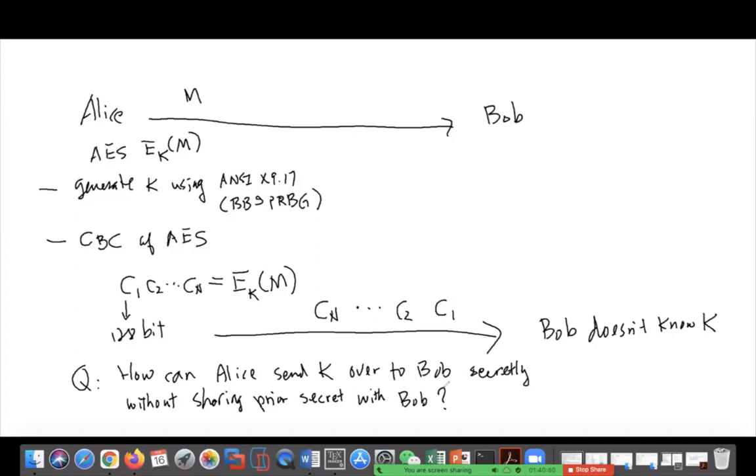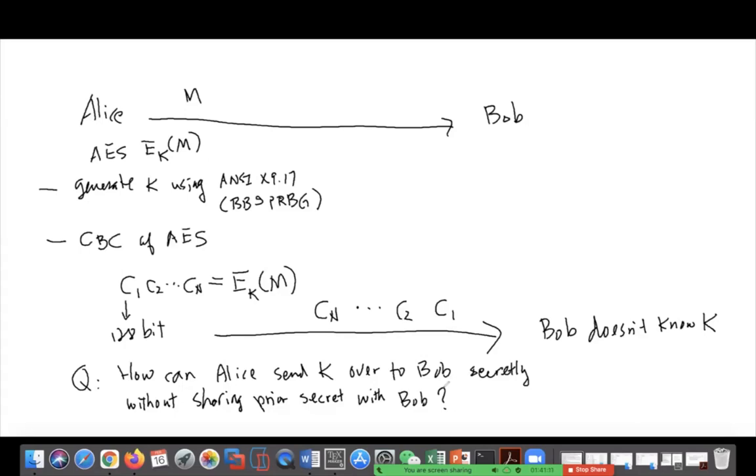But I don't share any prior secret with that merchant that I can use as a secret key to encrypt my secret key, right? So that is a challenge.